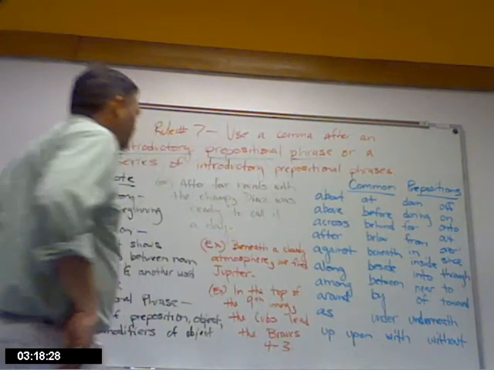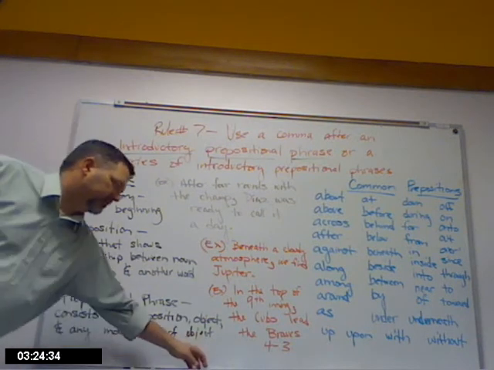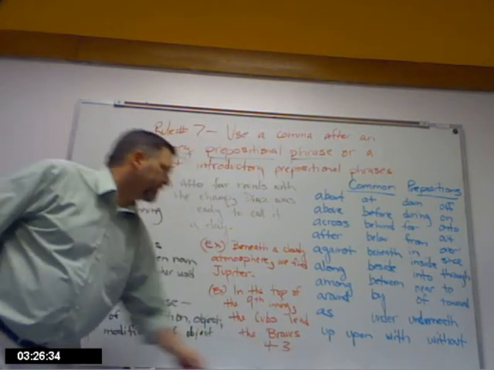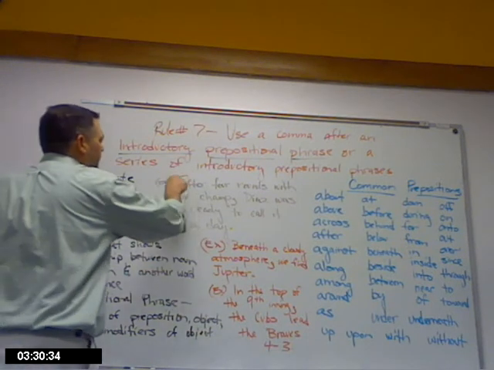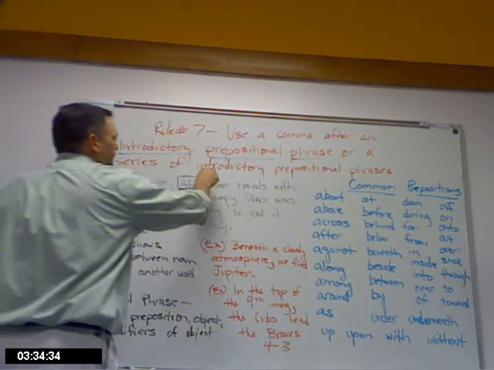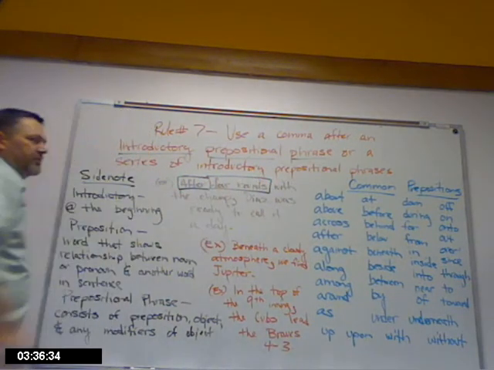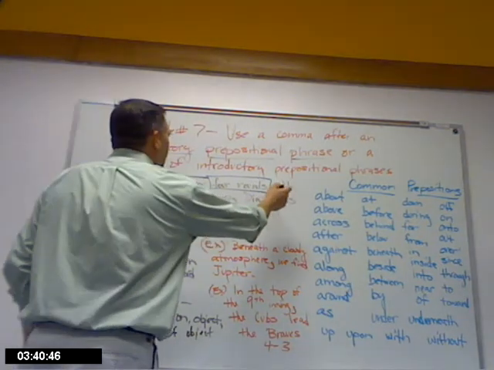After 4 rounds with the champ, Diaz was ready to call it a day. Just basically looking and saying, okay, what do we have here? Well, I see after. Okay, so after is a preposition, and after 4 rounds becomes a prepositional phrase.